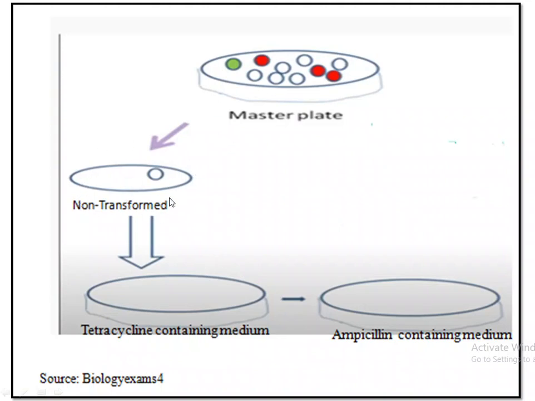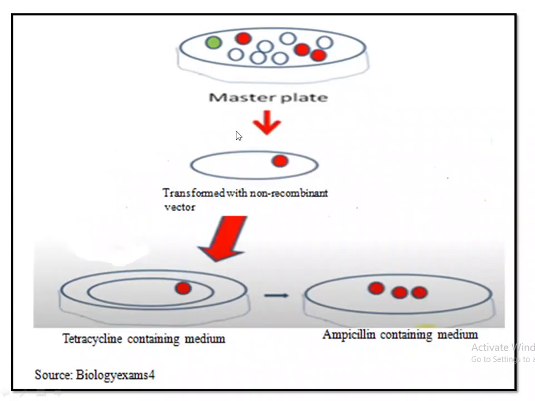The non-transformed colony will not grow on the tetracycline-containing medium or the ampicillin-containing medium. So this colony can be easily excluded. Whereas the colony which has been transformed with the non-recombinant vector will grow both on the tetracycline and the ampicillin-containing medium, and this can also be easily excluded.